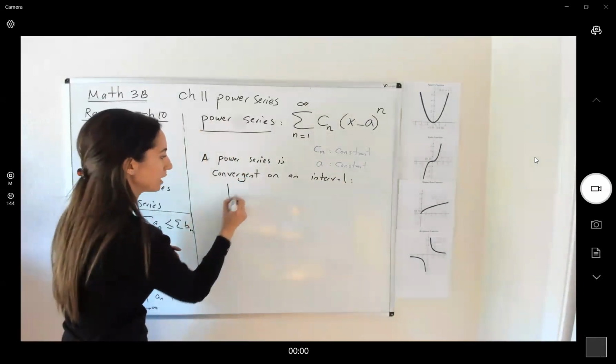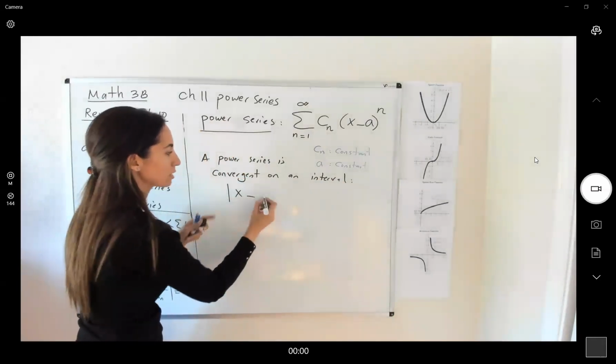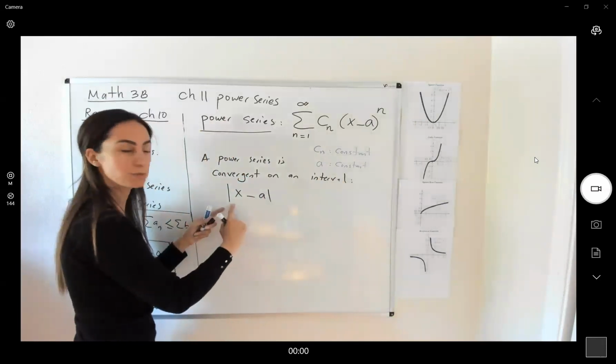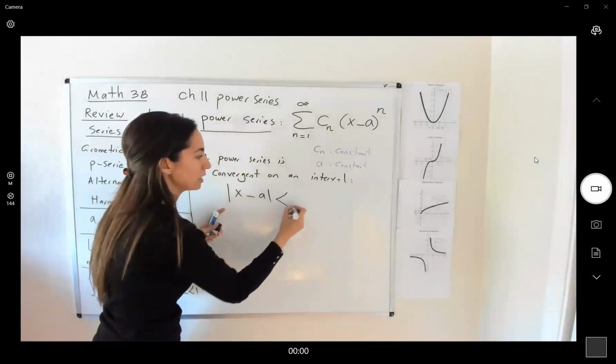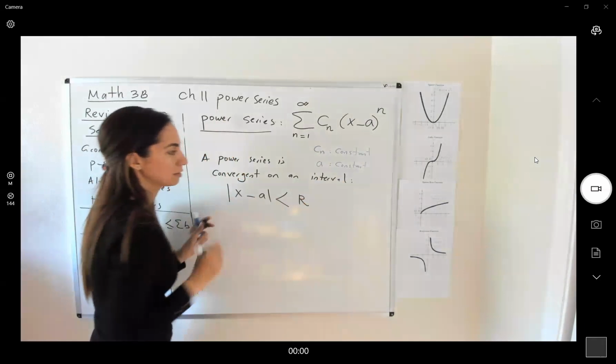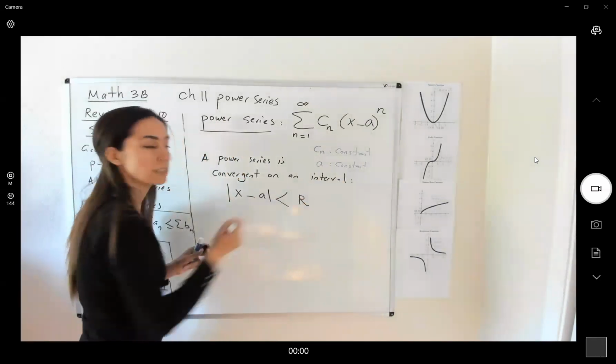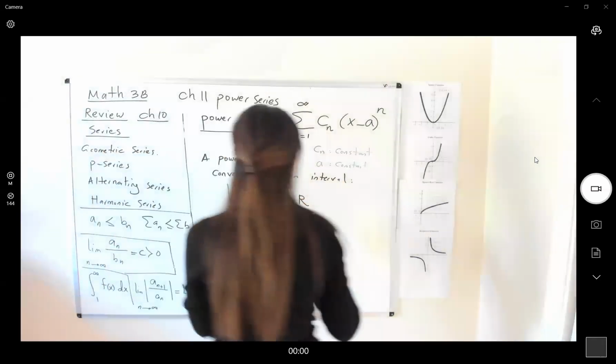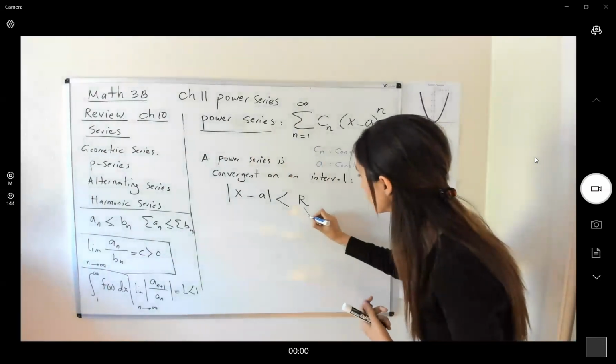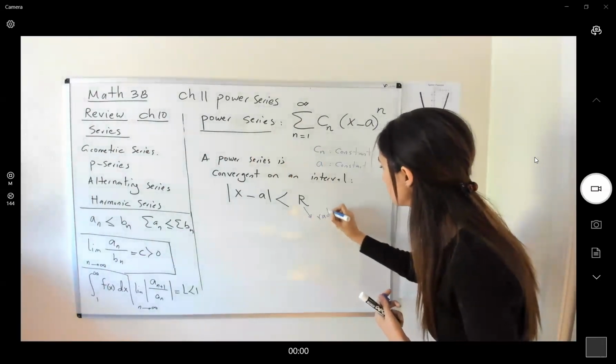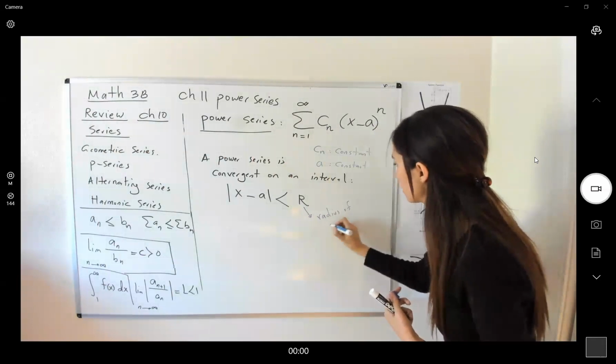So we say that the absolute value of x minus a, the distance between x and a, is less than r, the radius of convergence. So r is called the radius of convergence.